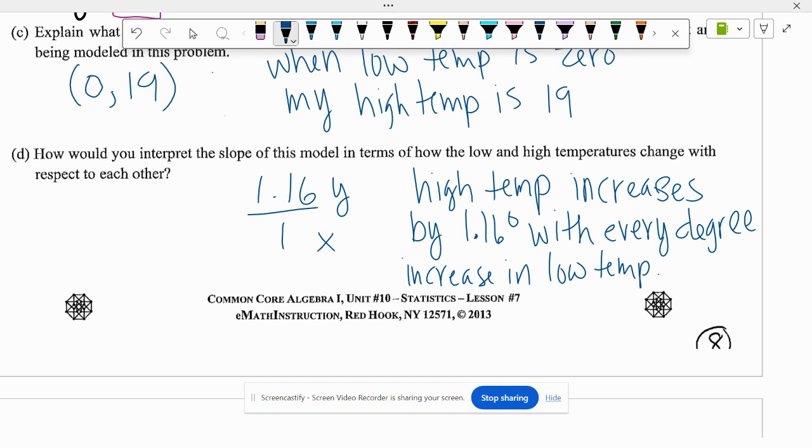So our high temp increases by 1.16 degrees with every degree increase in our low temperature.